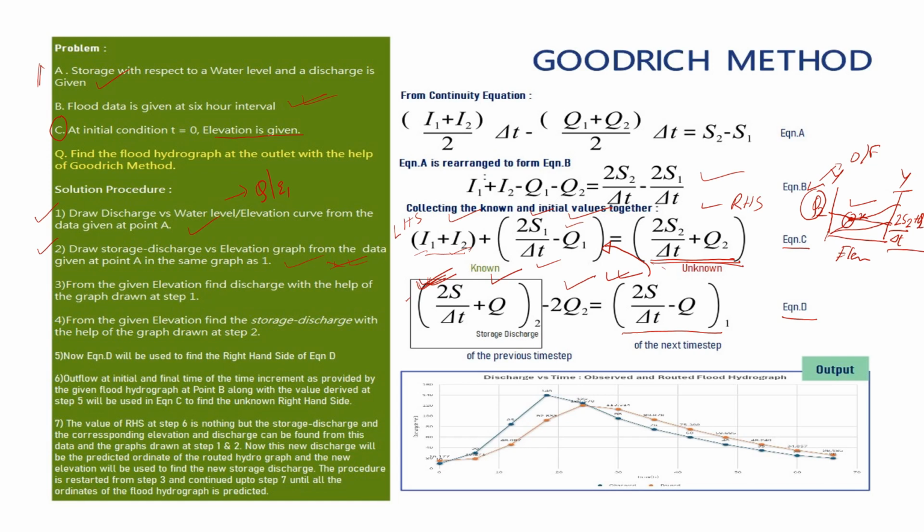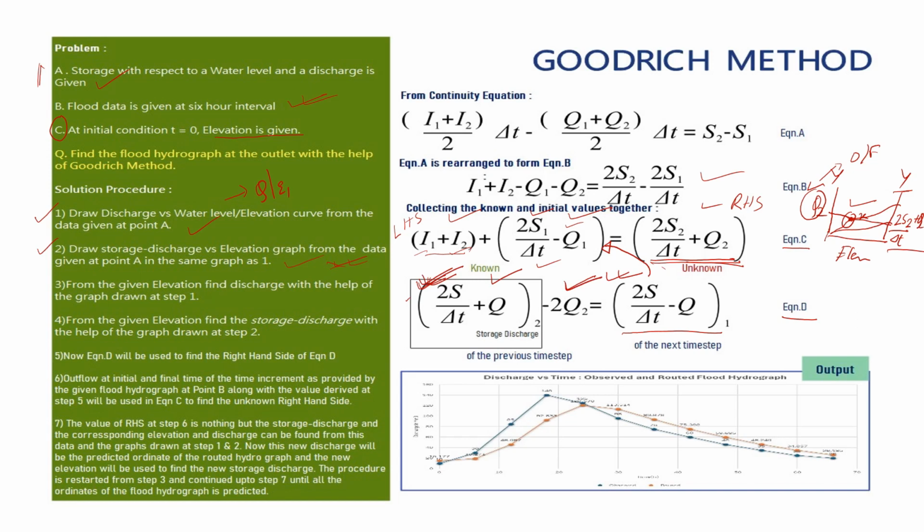And then in the next period, what you will do is, mind it, I think you understood: from the known elevation I have got Q2, and I have got 2S by del t plus Q from the graph drawn in the first two steps.